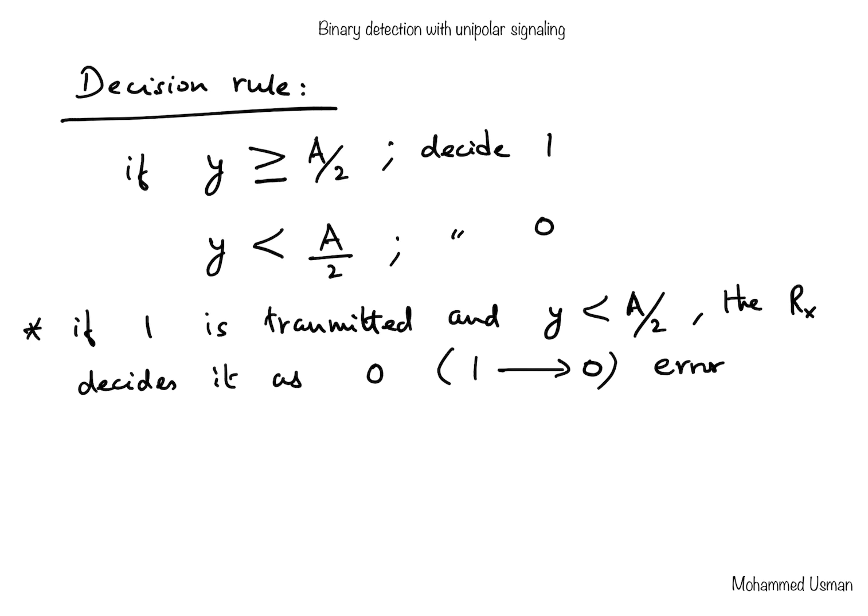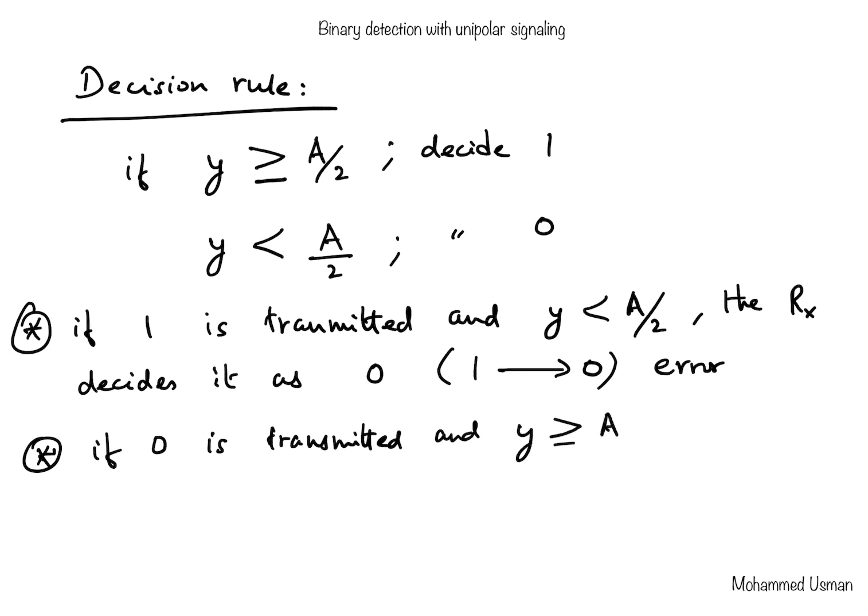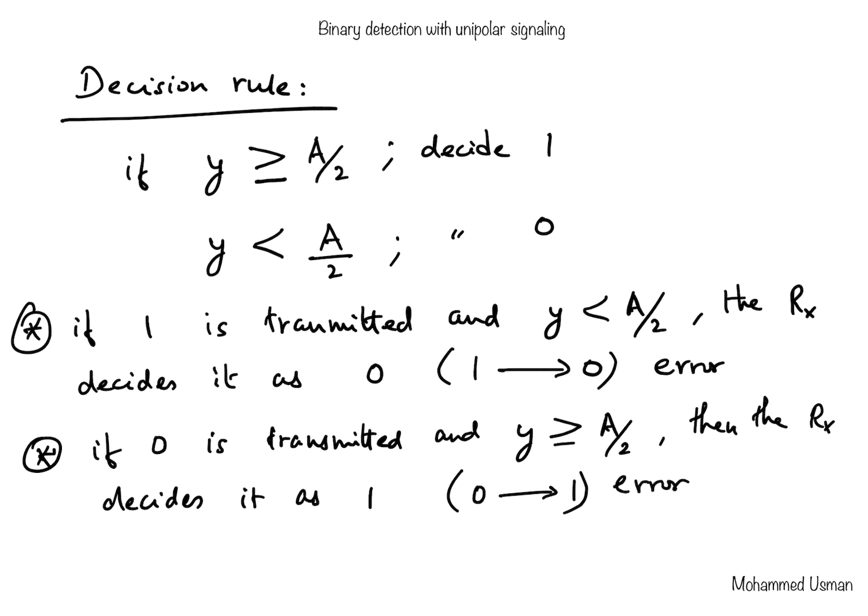And it could also be possible that we transmitted a 0 and the received signal y is greater than or equal to a by 2, then the receiver decides it as 1. So now here the 0 has become a 1, which is also an error.